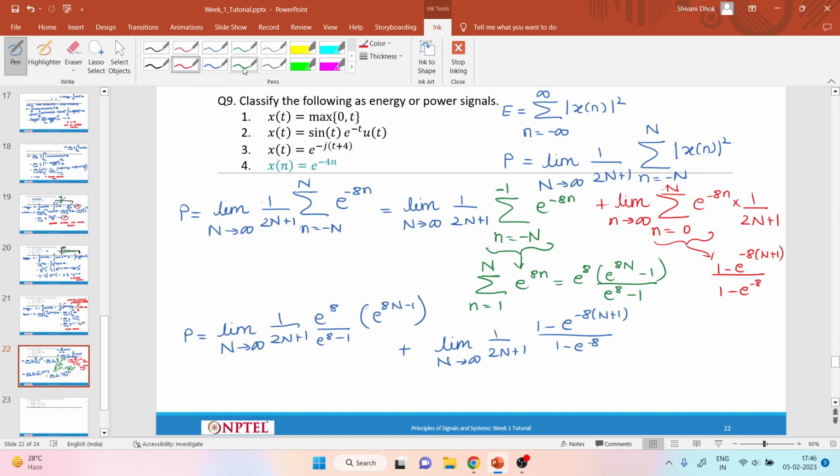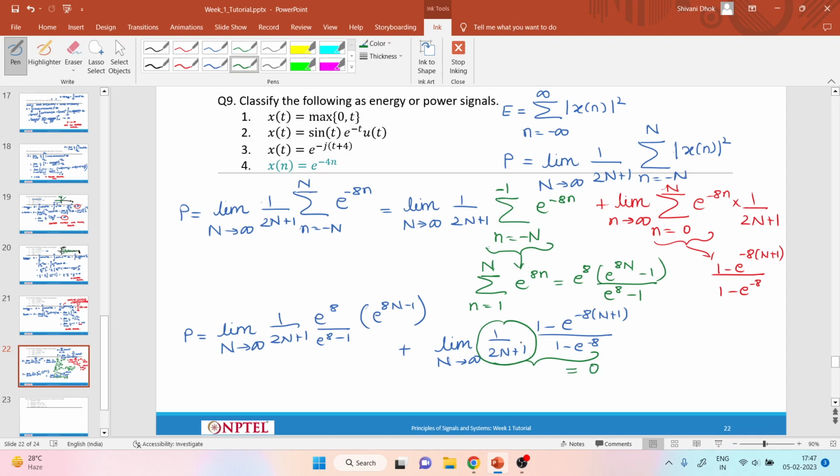Now if you look at this term here, when n is tending towards infinity, this will reduce to 0. Similarly, this term will also reduce to 0 as n is tending to infinity. So this factor will become 0.